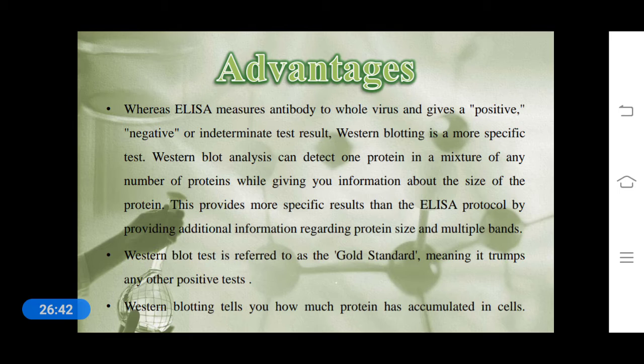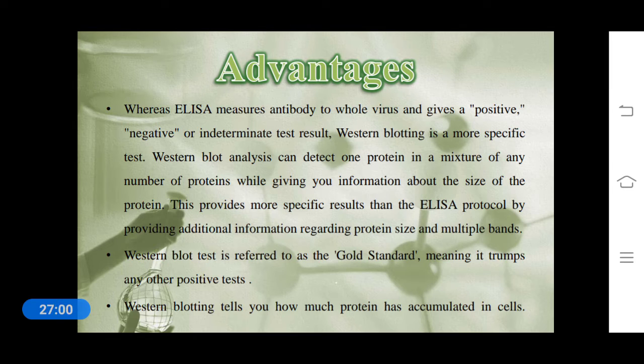It will give perfect information about the size of the protein also, and this provides more specific results than the ELISA protocol by providing additional information regarding protein size, and multiple bands will be found.